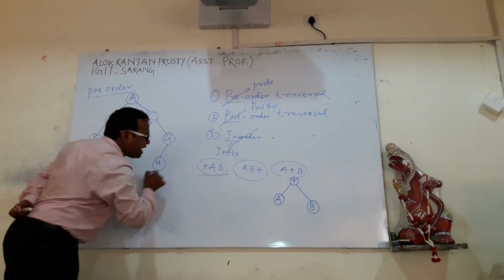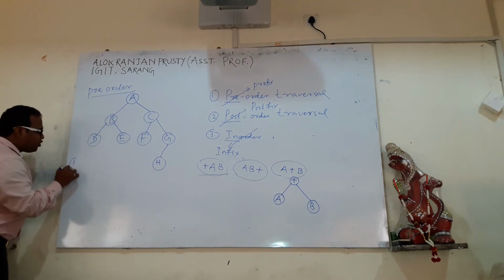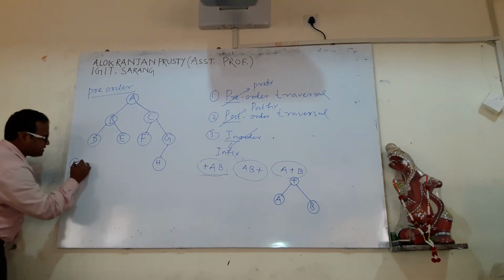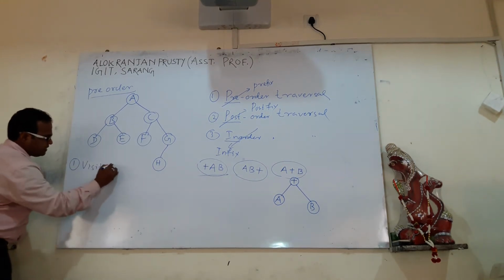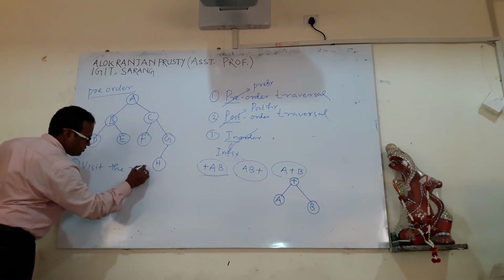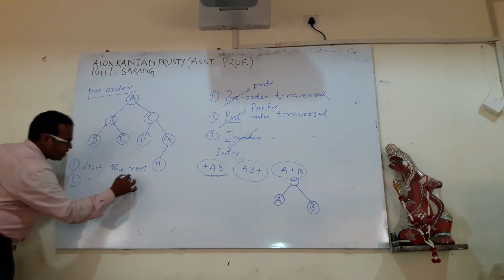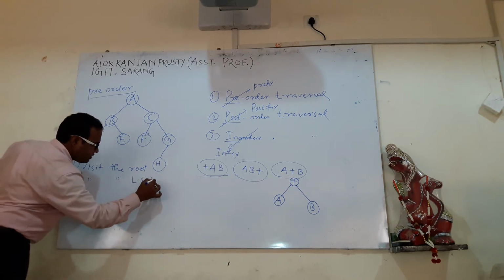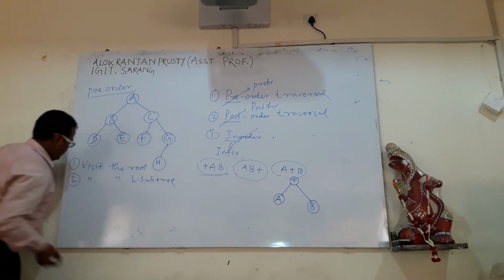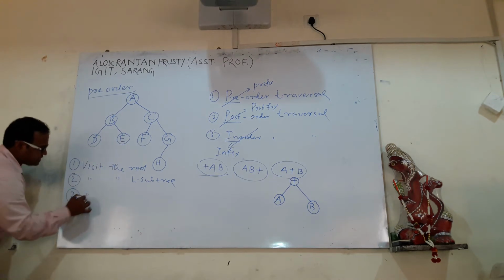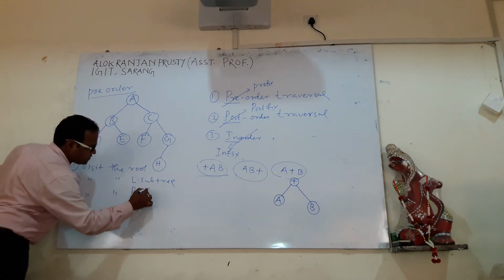Now if we see this plus AB, we can write the algorithm for pre-order traversal as: first, visit the root. Second, visit the left subtree. Third, visit the right subtree.